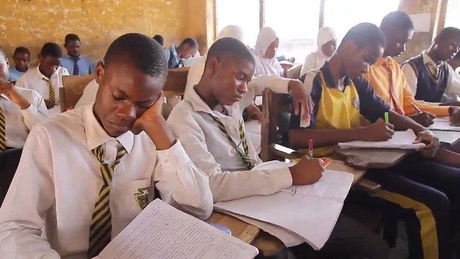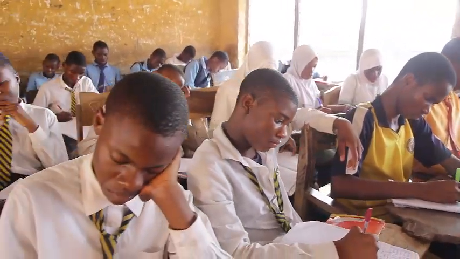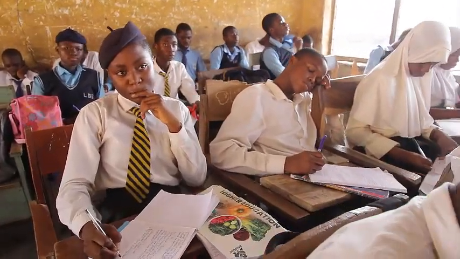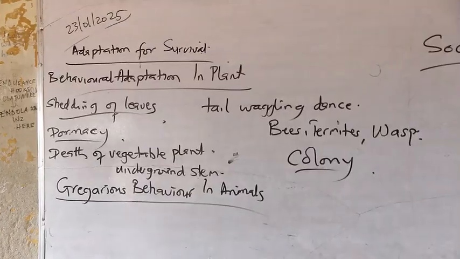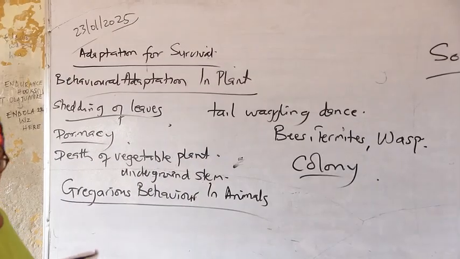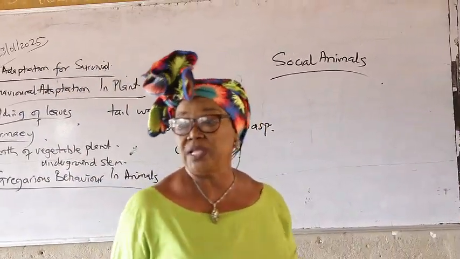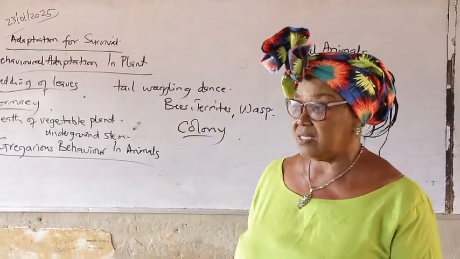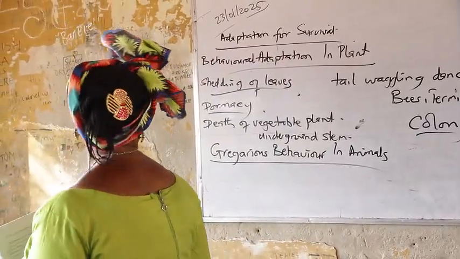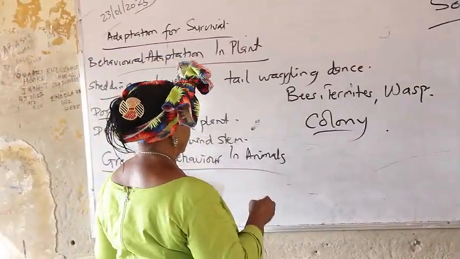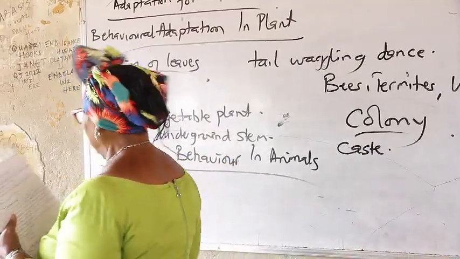Number three, members communicate with one another within the colonies. And next, they show distinct castes.